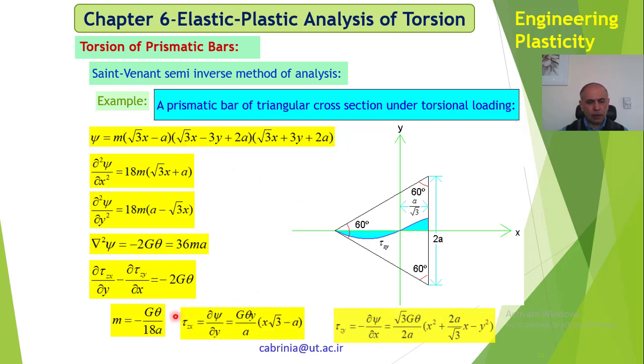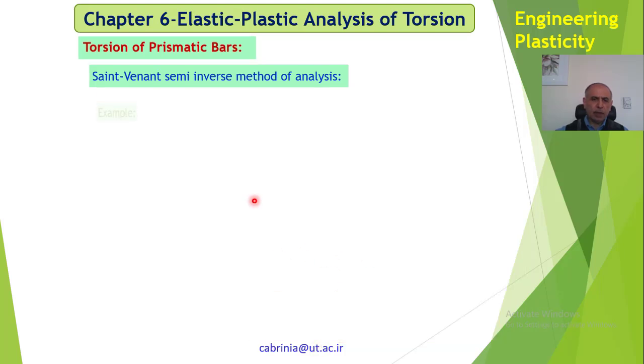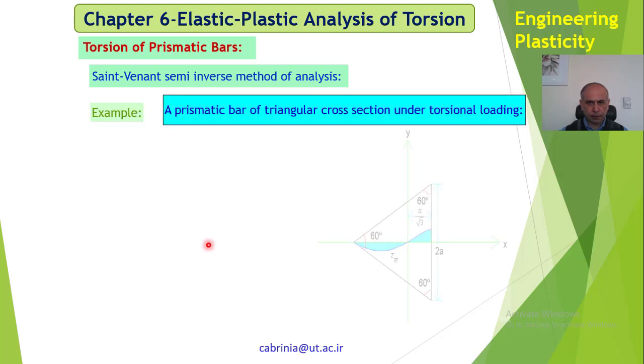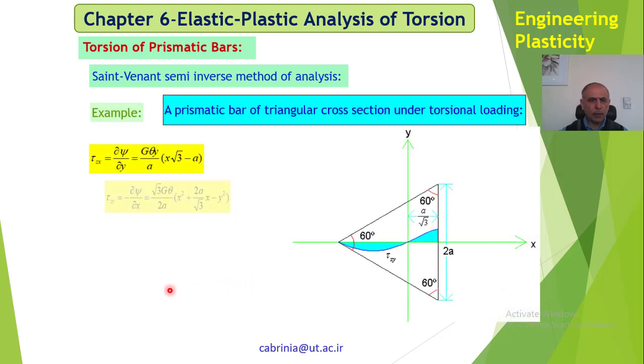That is the condition. And therefore I can get the partial of psi with respect to y and negative partial of psi with respect to x. We get the stresses, and that's how the stresses are. So tau zy is like that, and so we get this.